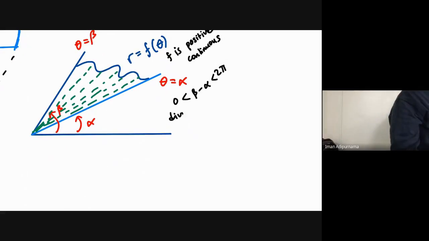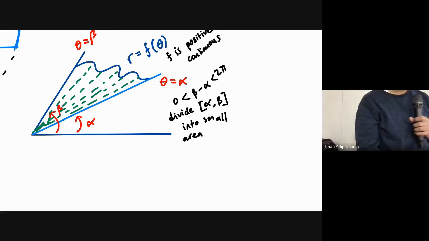And we divide the region from alpha to beta into small pieces, small areas.